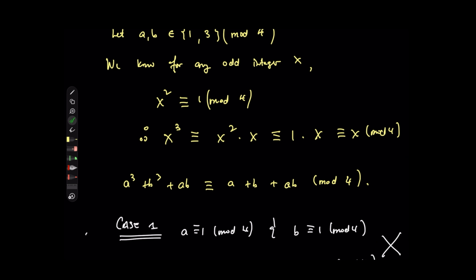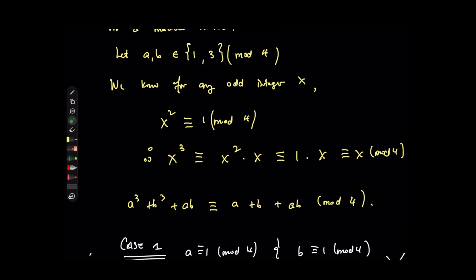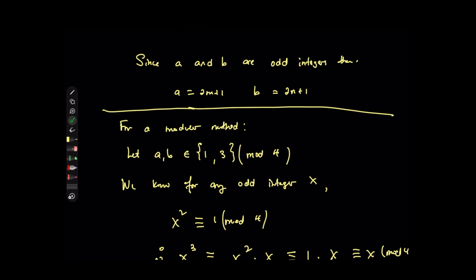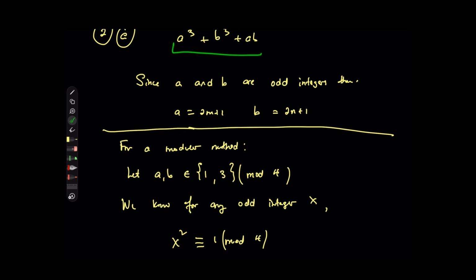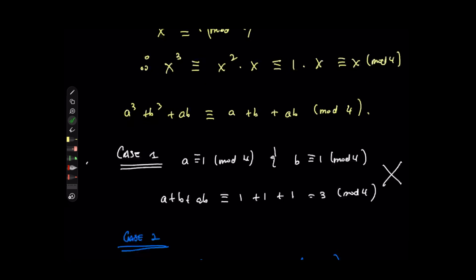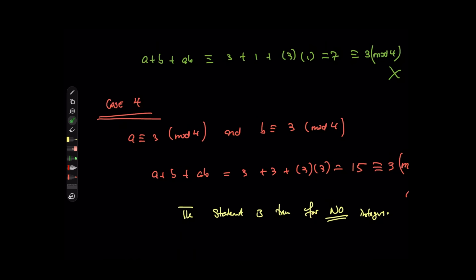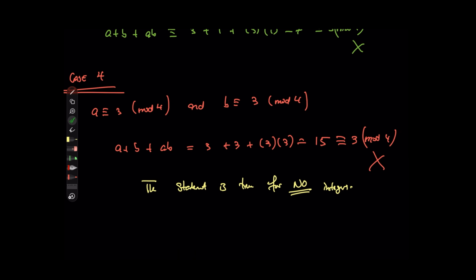Of course, you could have done this even faster by directly substituting 1 and 3 into this here, and then taking those values and determine whether those values are divisible by 4 or not, right? Which would have yielded the same result as this. Okay, so it's true for no integers at all.